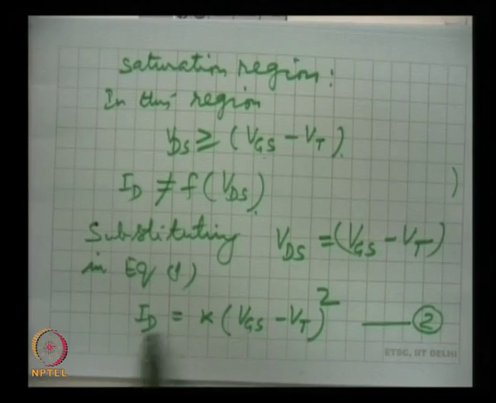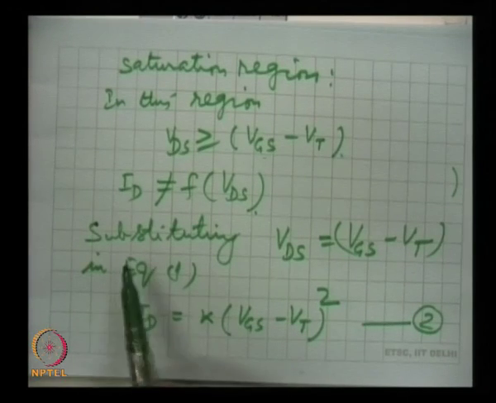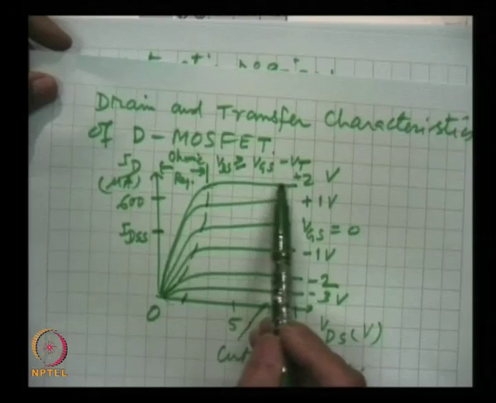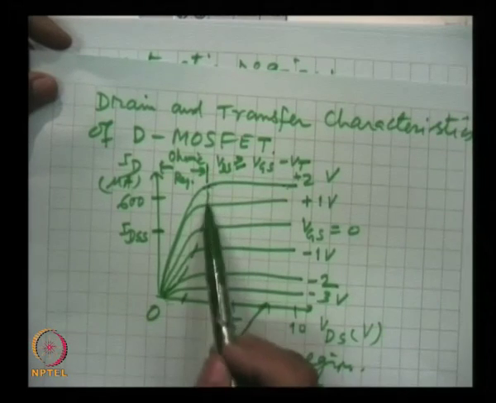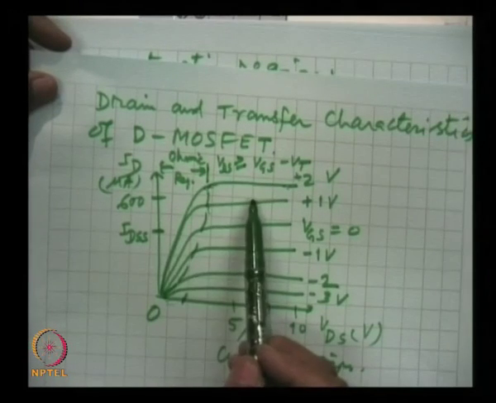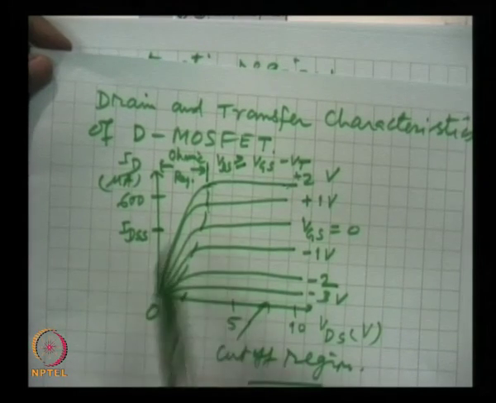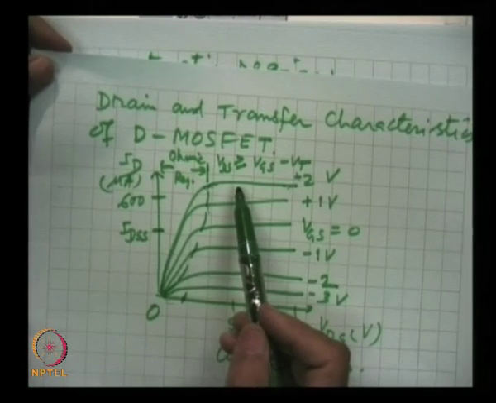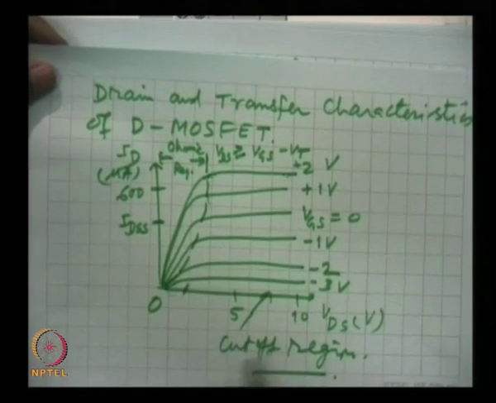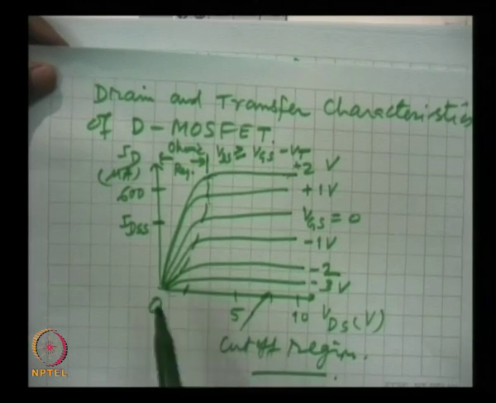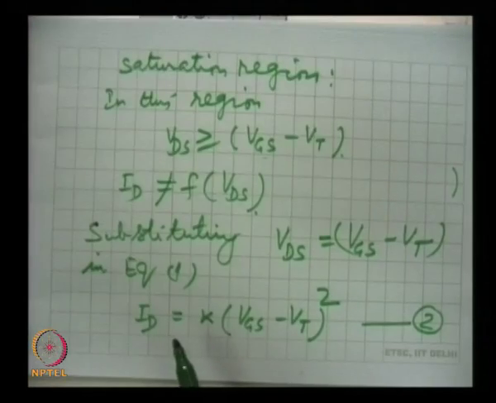We are talking about the saturation region, this region on the right of this dotted line. As we are seeing here, the drain current does not depend on the voltage between drain and source.